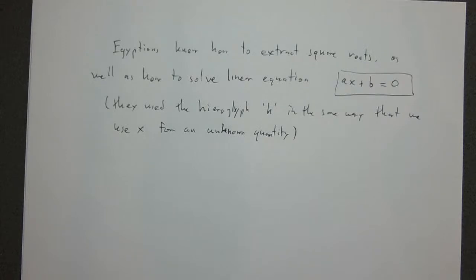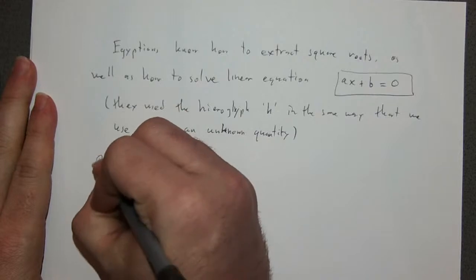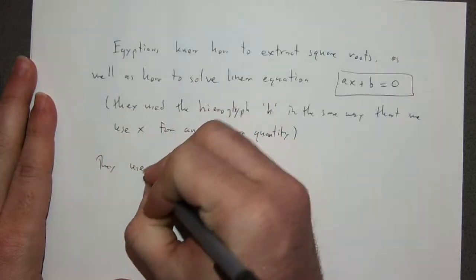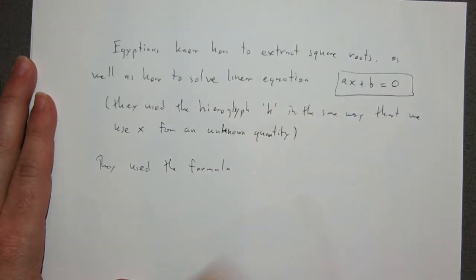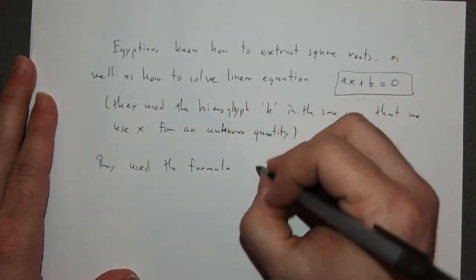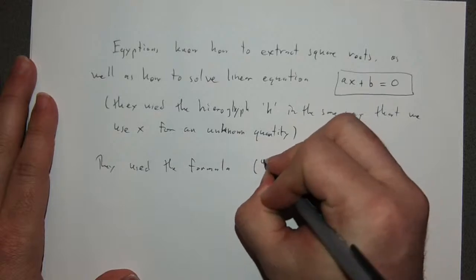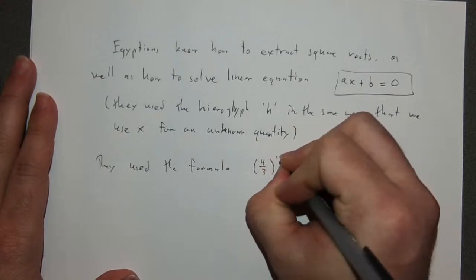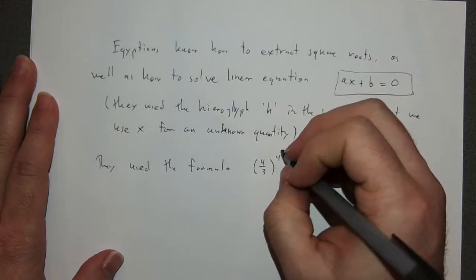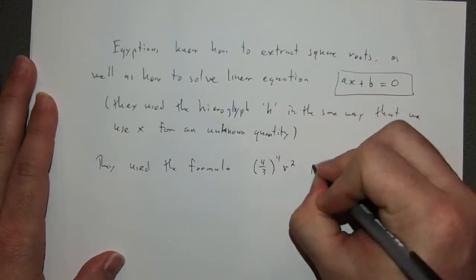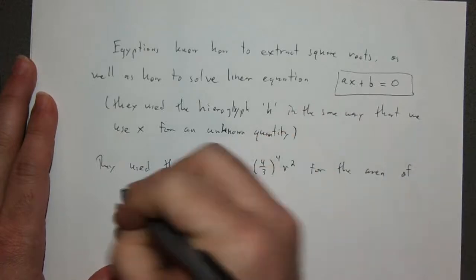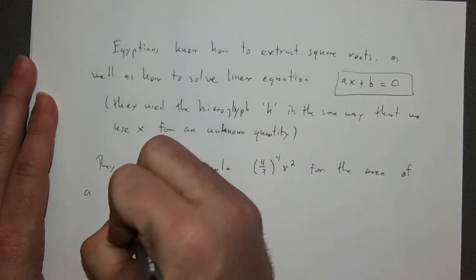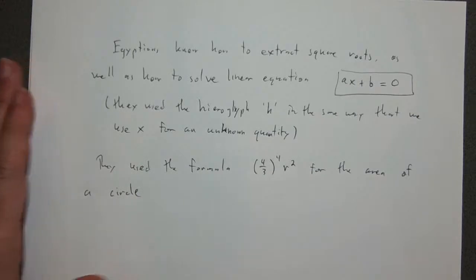What else are things that they could do? So they used the formula 4/3 to the fourth times r squared for the area of a circle. Right?